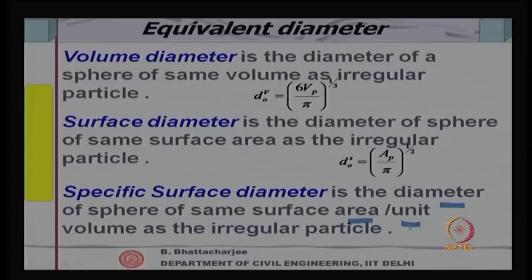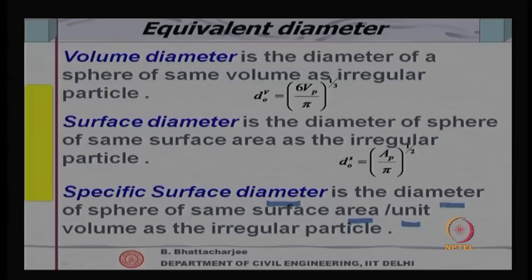Now, we talked of specific surface earlier in connection with cement, where surface area per unit mass or per unit volume is used as specific surface. In the context of aggregate, we will define specific surface as surface area per unit volume.